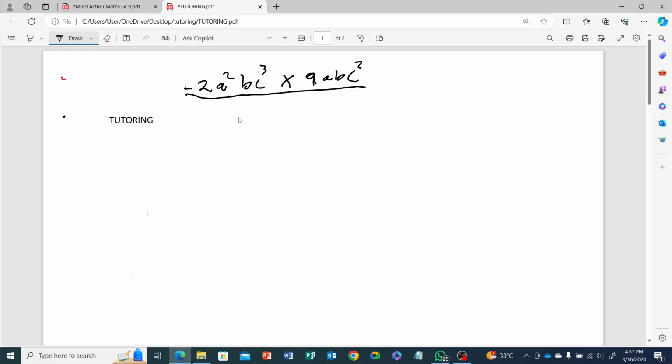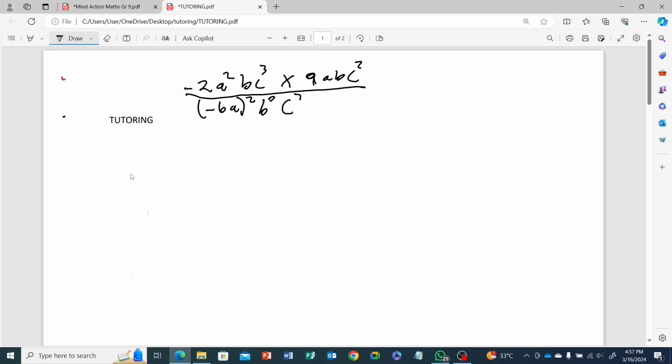Now everything divided by -6a squared b raised to the 0 and c to the power of 7. Now we need to simplify and leave this in exponential form. And remember, the exponents must not be negative.